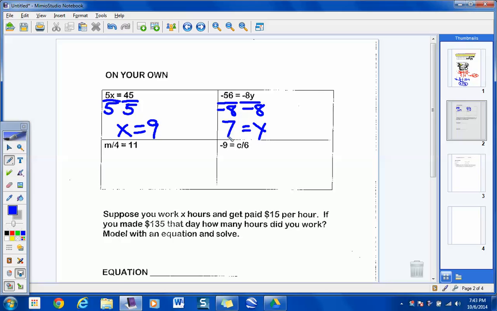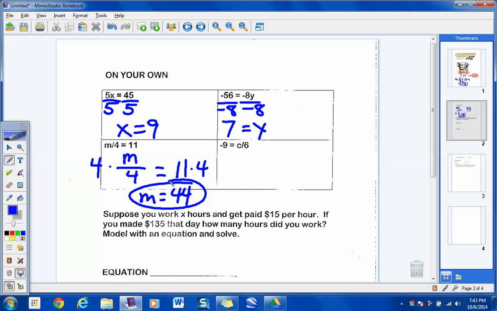These down here are kind of hard as you look at them in the division form that they're in. Sometimes I'll rewrite this as m divided by 4 like this, equals 11. So my job is to multiply both sides by 4, and you end up with m equals 44. Okay, good one. All right, my last one right here, you have -9 equals c divided by 6.